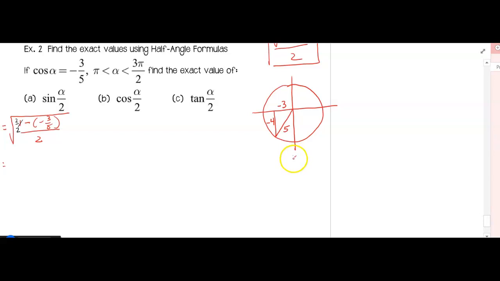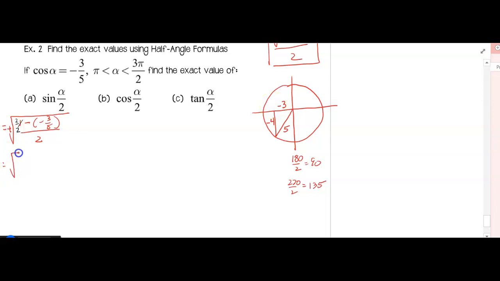So 180 divided by 2 is 90, and 270 divided by 2 is going to give us 135. So that means that alpha over 2 is going to be between 90 and 135, which puts us in the second quadrant. So the sign in the second quadrant is positive.